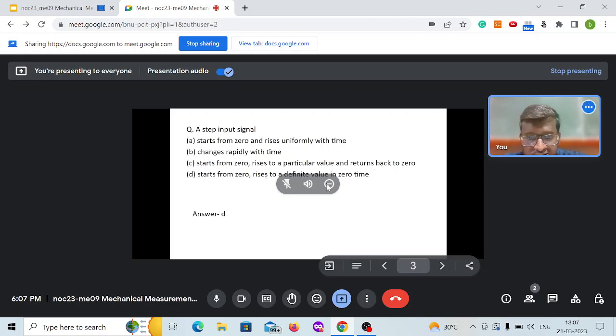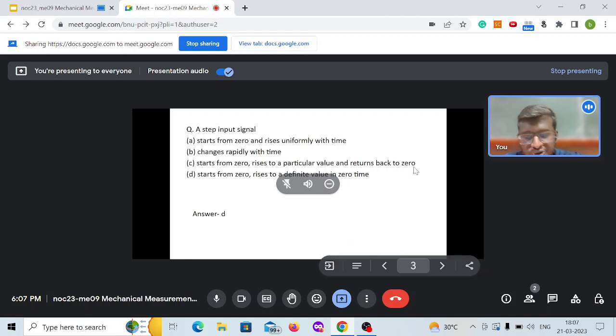So a step input is when your input signal, at 0 time, rises to a value and remains constant. That is called a step input signal. An example is a beaker with hot water where you want to measure temperature.